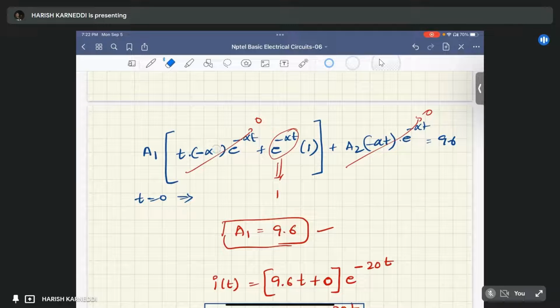It is t won't be there, it is minus alpha t. I think it's fine, right? Now it is fine, no?